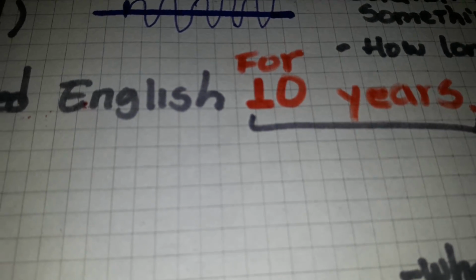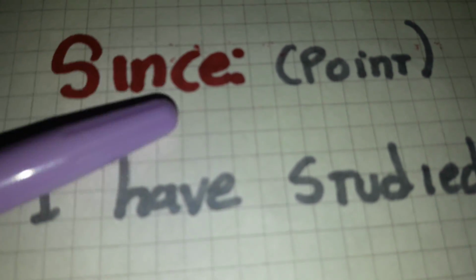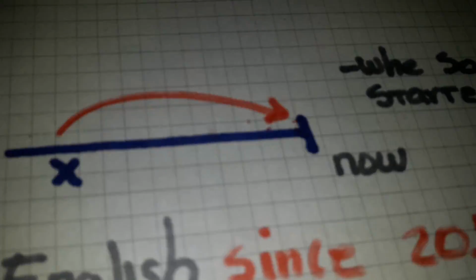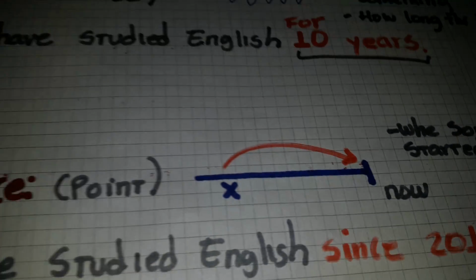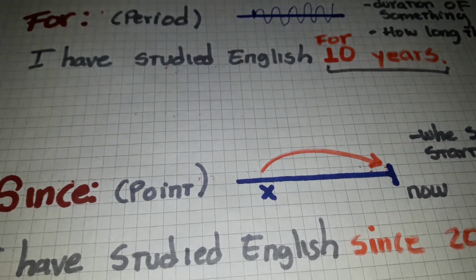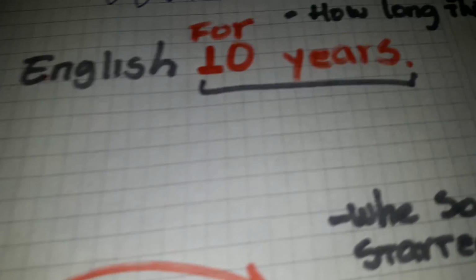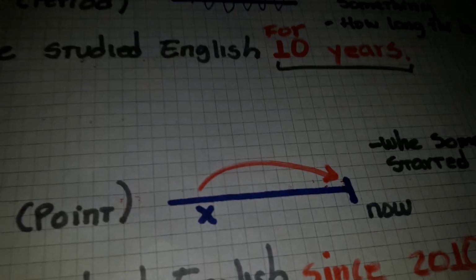I have studied English for 10 years, but in this case, since is focused on the point, the moment when the action started. I have studied English since 2010. It's the same time, but the difference is the focus: period or point, duration of something, how long it is, or when something started, but it's the same time, okay?